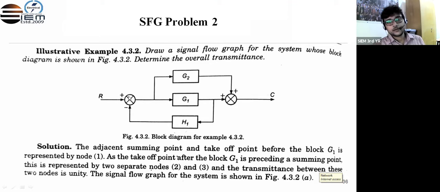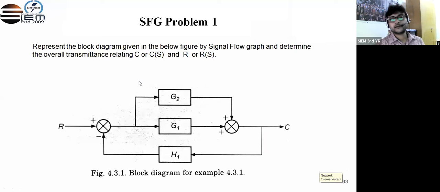Now here you see what we saw in the last problem: this particular summing point and this takeoff point can be treated as the same node, as well as this summing point and this takeoff point are treated as the same node.